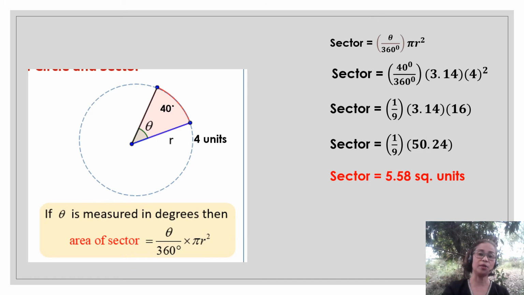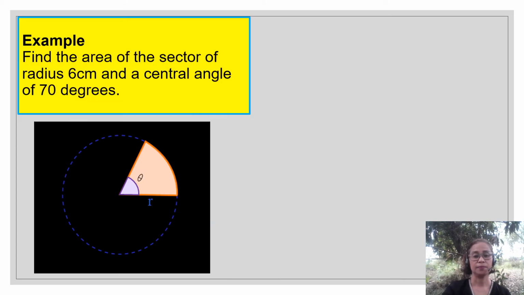Moving on, let's have another example. Find the area of the sector of radius 6 centimeters and a central angle of 70 degrees. So our radius this time is 6 centimeters, and the given central angle is 70 degrees.